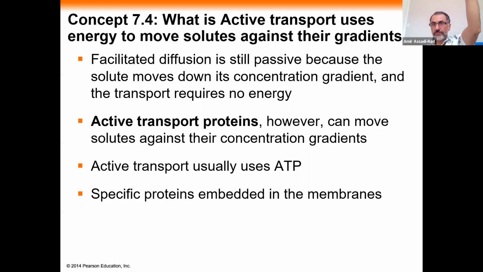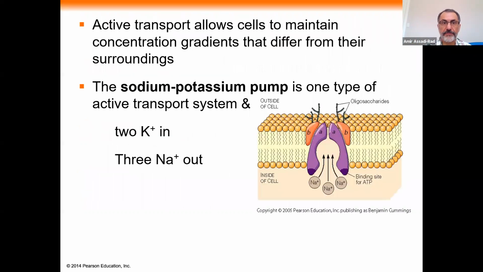But the water that comes into your house, no energy needed, it just comes in. That would be facilitated diffusion, the water coming from outside into your home, God forbid. But the water that you need to pump out, of course, you need to spend energy, and that's paying PG&E.